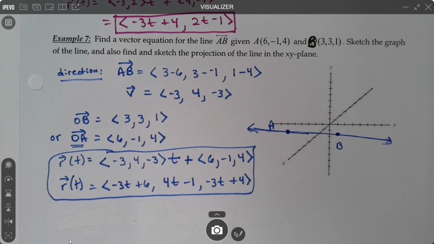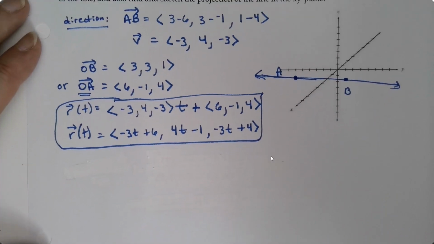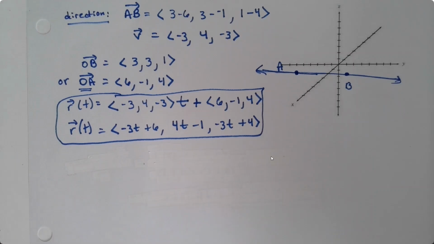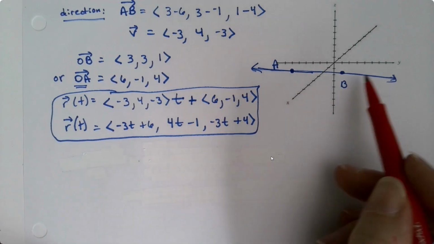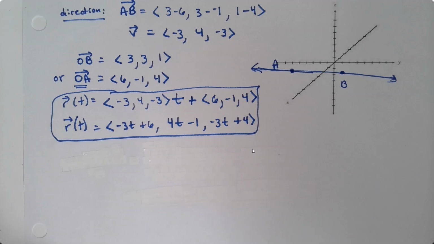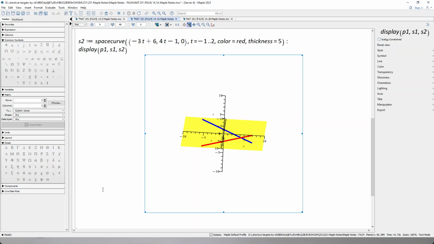Great. So that means the shadow it's casting, let me grab a red pen here, the shadow it's casting is on the xy plane. So let's look at that one more time. Okay.